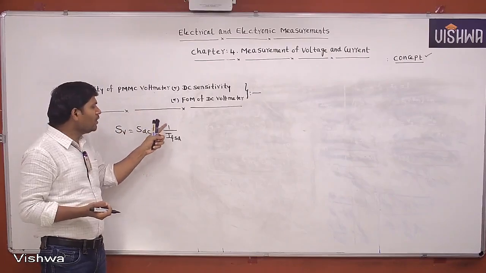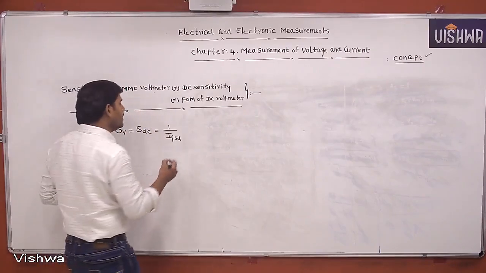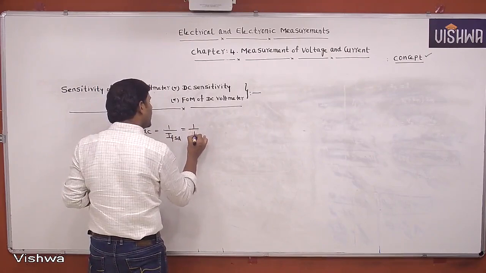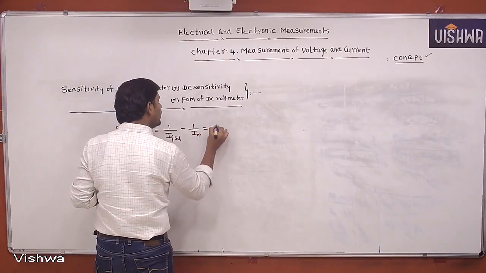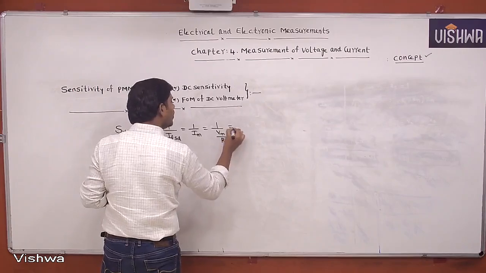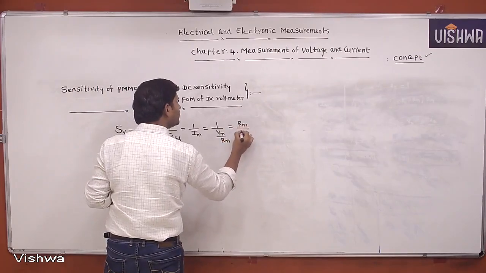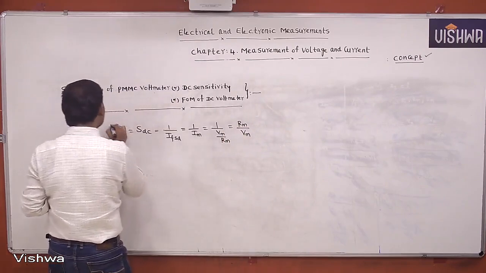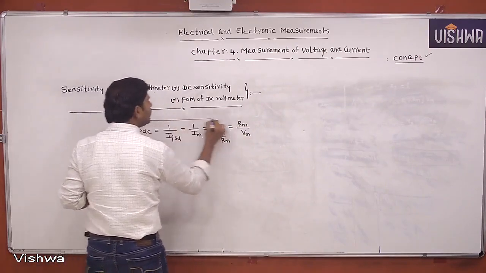That's why we define 1 by full scale deflection current. It is also equal to 1 by Im, which equals Rm by Vm. Okay, this is the sensitivity of PMMC voltmeter.